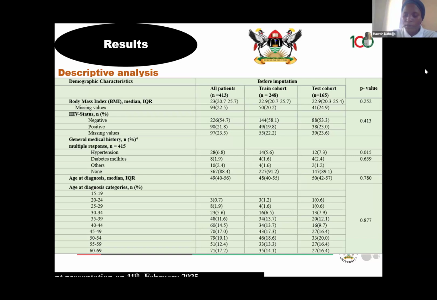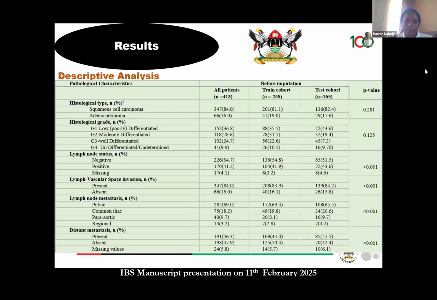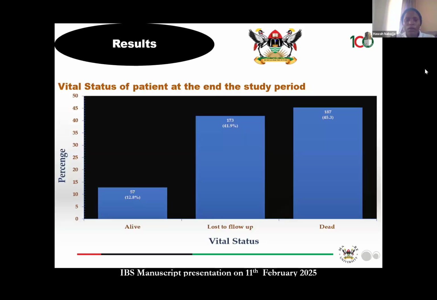When you go to histological type, the most common stage was stage 3. And when you look at the histological grade, most of the patients had poorly differentiated grade, and so on and so forth. So at the end of the day, you look at what was the vital status of my patients.